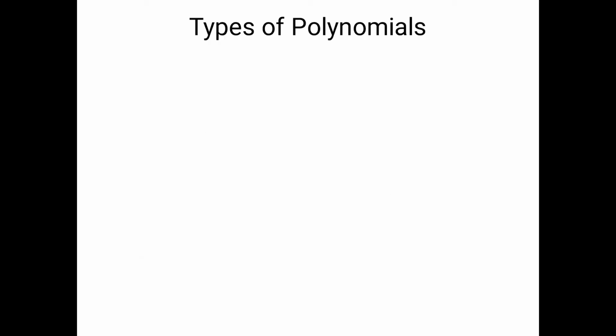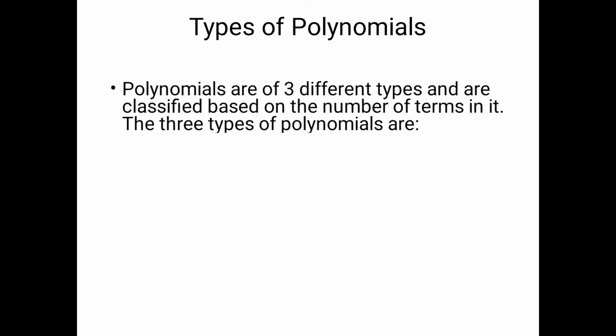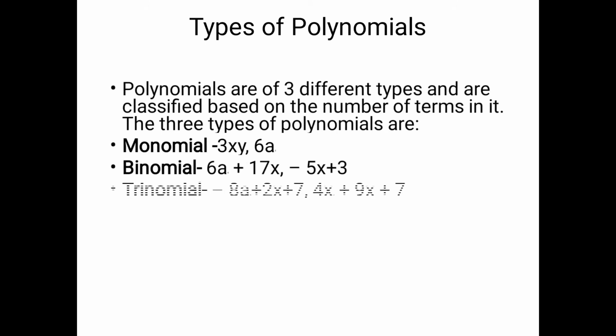Now we have the types of polynomials. Generally we have 3 types of polynomial: monomial, binomial and trinomial. These types are based on the number of terms. If we have one term in the polynomial, it is called a monomial. If we have 2 terms, we call it a binomial.